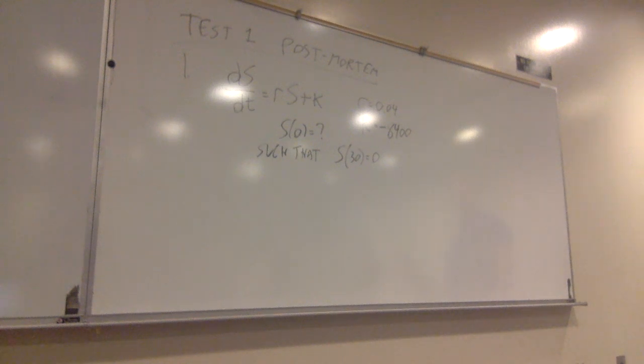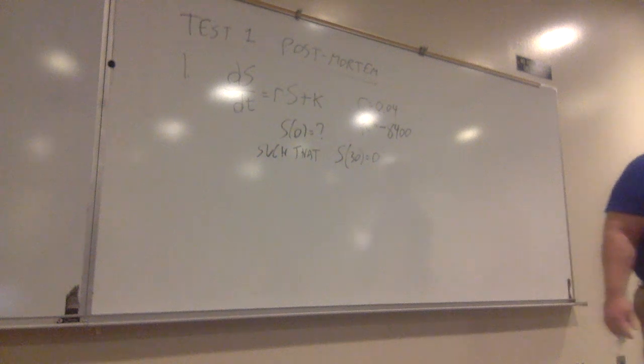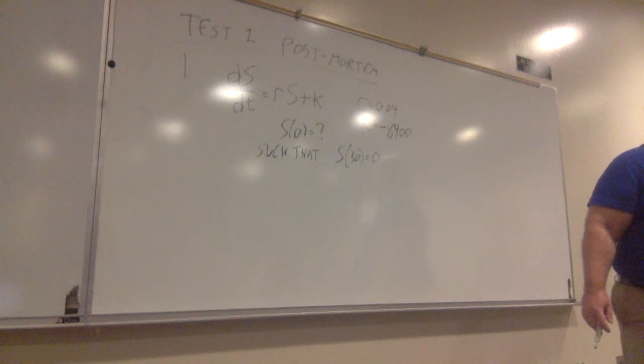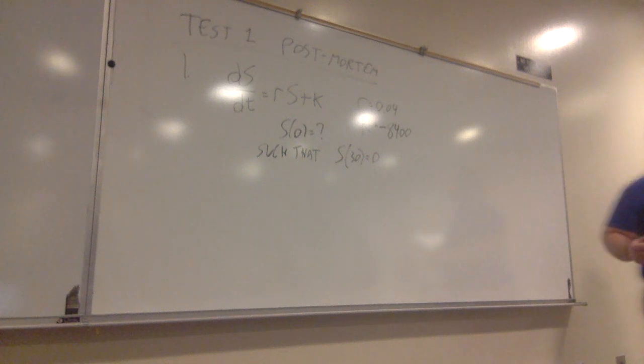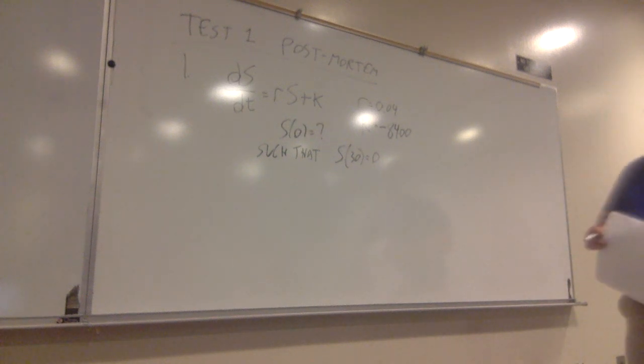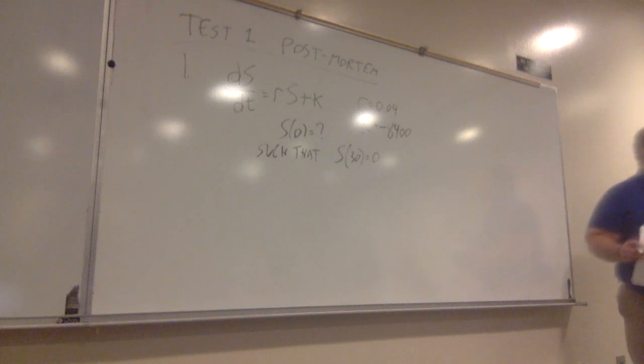Now, this is a linear equation for which you have a solution formula, but I also gave a solution formula specific to this case where R and K are constant, so either approach would have been fine. I saw some of you write down solution formulas that did not bear much resemblance to either.